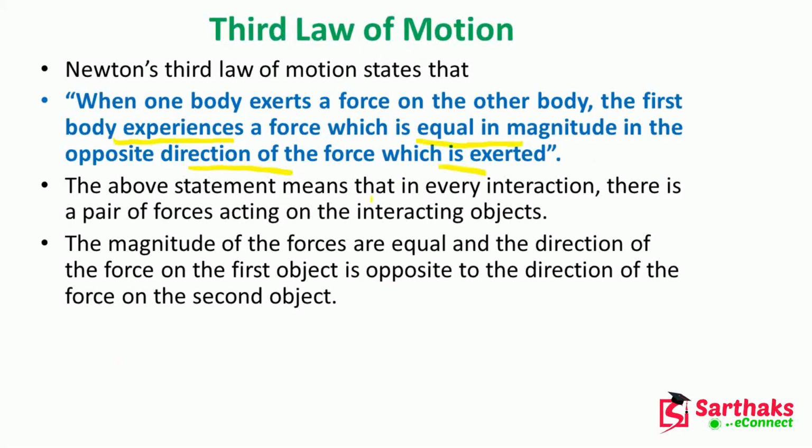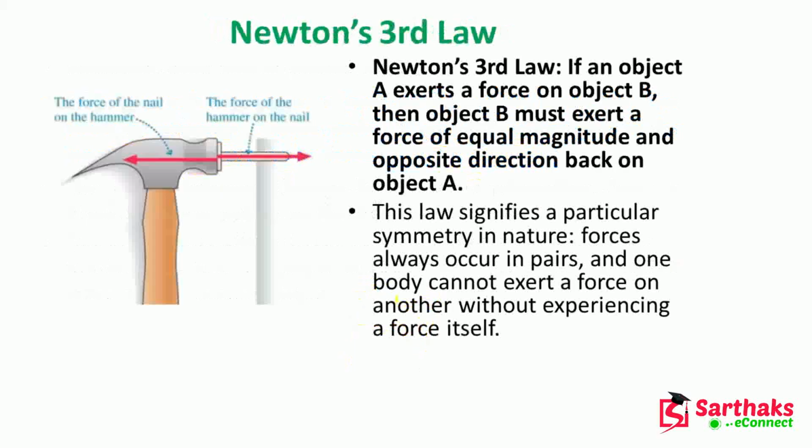So the magnitudes of the forces are equal, and the direction of the force on the first object is opposite to the direction of the force on the second object. Suppose this is the first object and this one is the second object. If it exerts a force in this direction, then this will exert a force in the opposite direction, right? And they apply equal forces to each other.